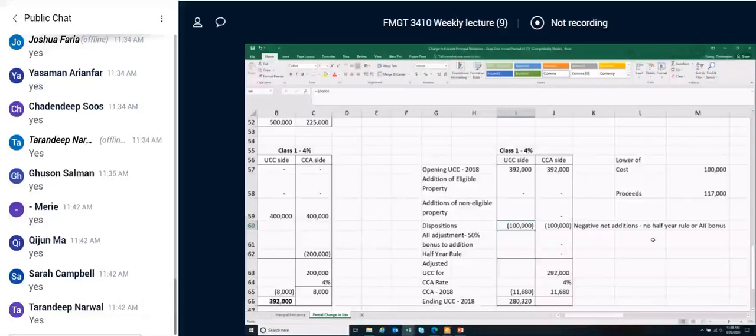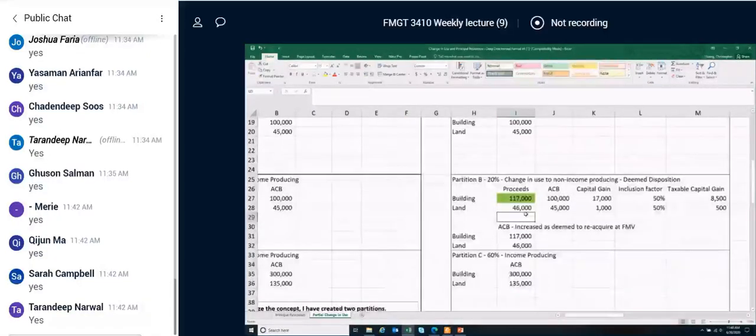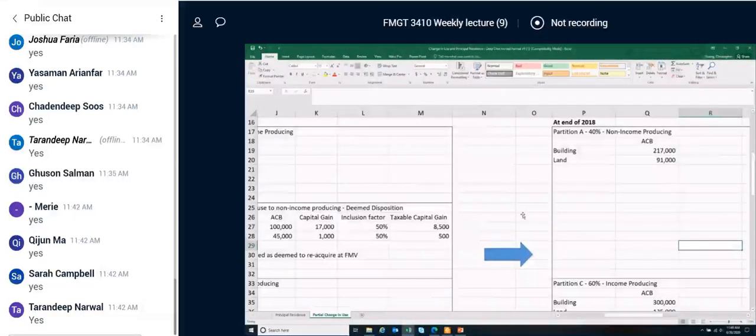So at the end of the day, you do your deemed disposal, you show the effect on CCA, and here's the key: when you deal with multi-year partial change in uses, you must always recalculate your tax attributes at the end of the year. This is very crucial.